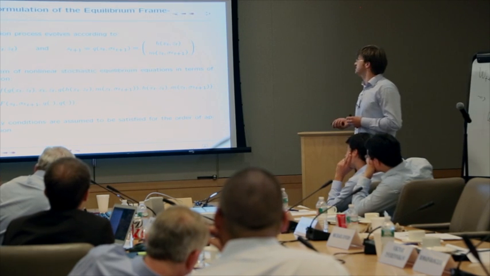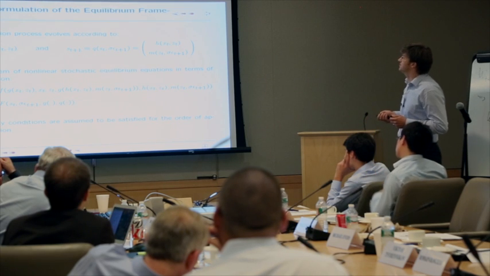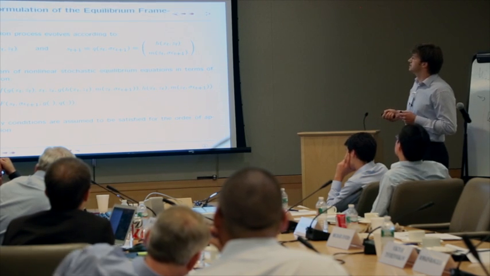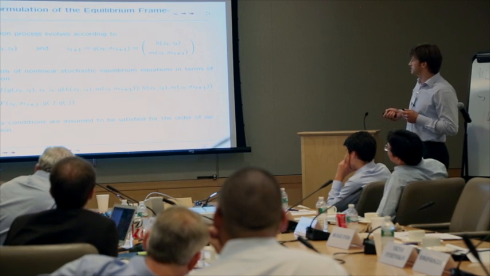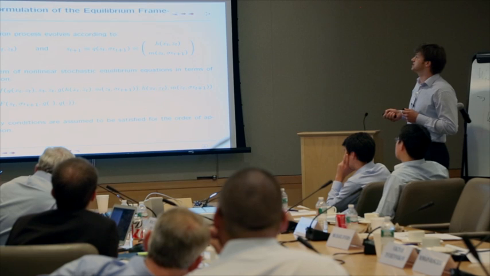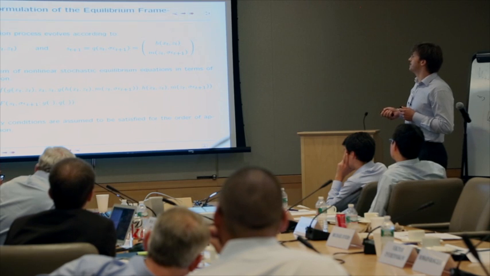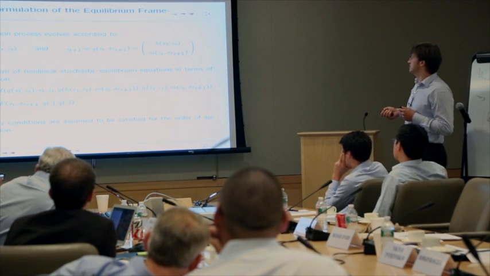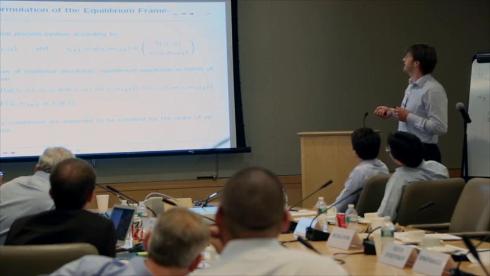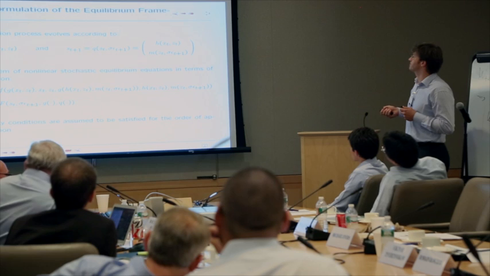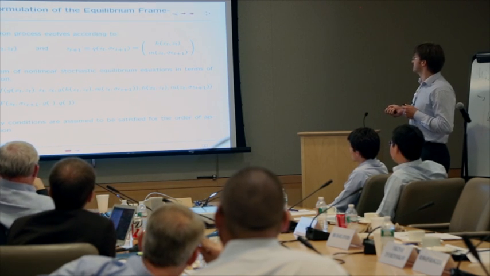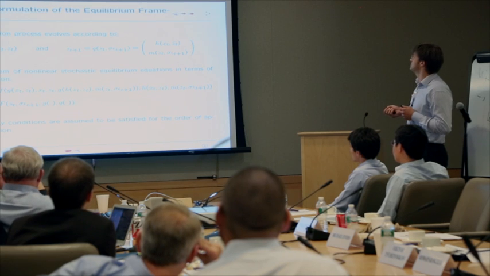So the solution process is assumed to evolve according to the function g, depending on the state, so the endogenous and exogenous state variables for the non-predetermined variables, and the state variables follow the process k, which depends on the shocks, only because, of course, the exogenous law of motion depends on the shocks.